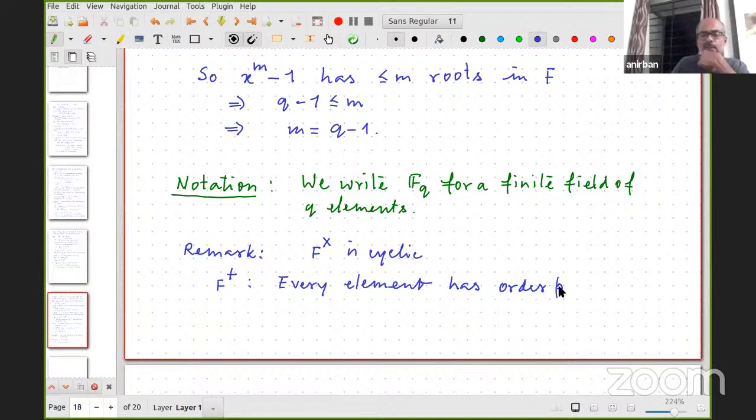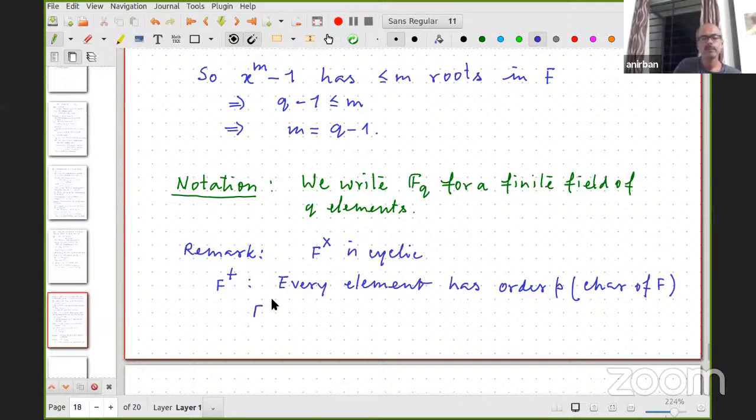So p being the characteristic, that is our standard notation. So p is the characteristic of F. So every element has order p.